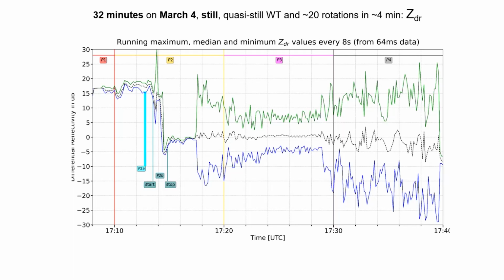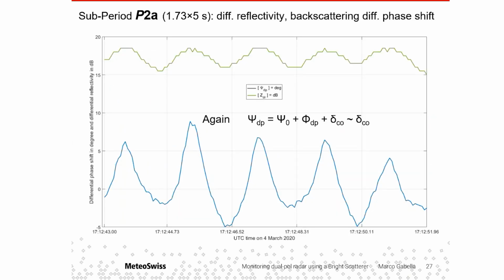And to conclude, I will show you now what I've called the subperiod P2A of the wind turbine, where I will show CDP and ZDR. And this is again quite surprising, because for an X-band radar, it is well known that CDP and ZDR are related in precipitation.